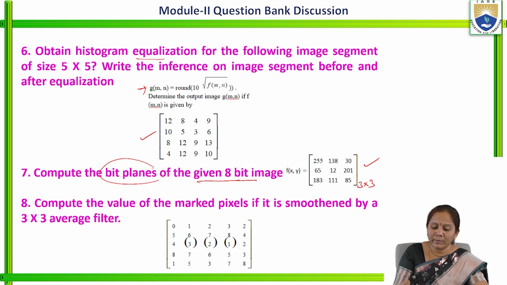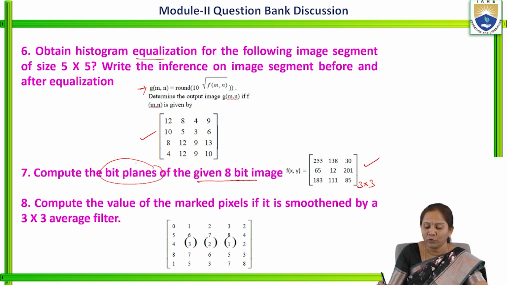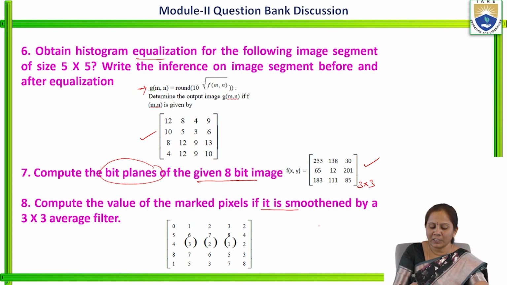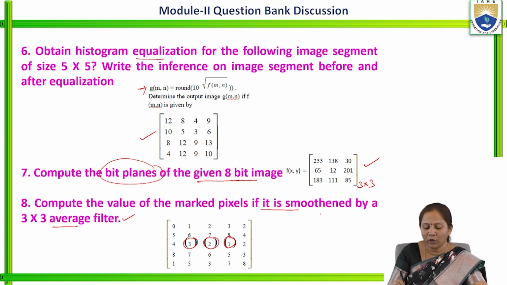This is a problem related to bit planes, so we have to show how all the 8 bit planes look. Compute the value of the marked pixels if smoothened by a 3 by 3 average filter. Here all these are the marked pixels, and we have to apply the average filter in order to find the new pixel value.